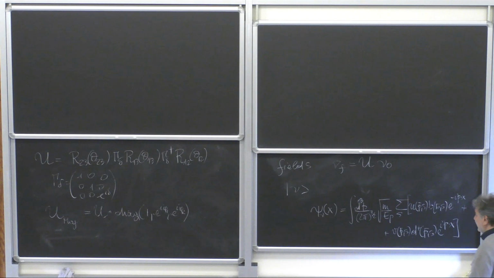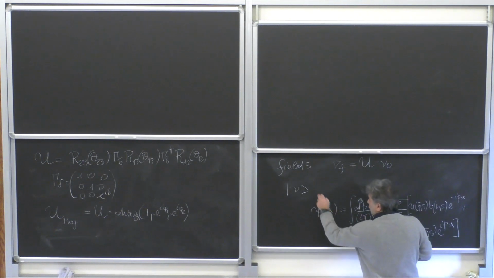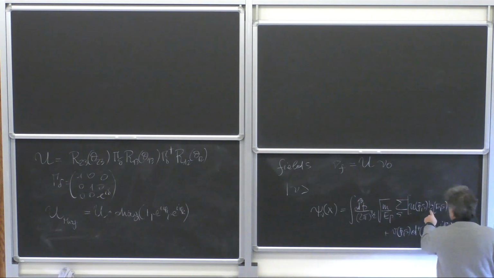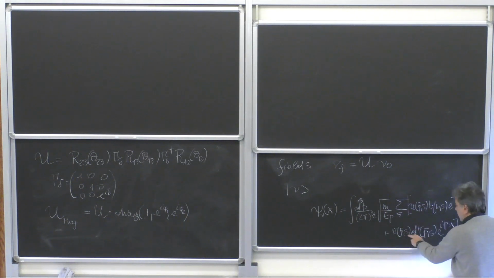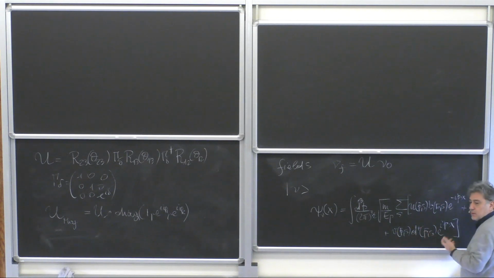For a neutrino, the field nu contains the annihilation operator for a neutrino and the creation operator for an antineutrino.